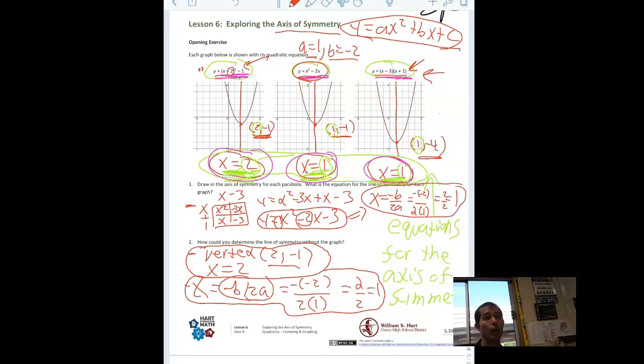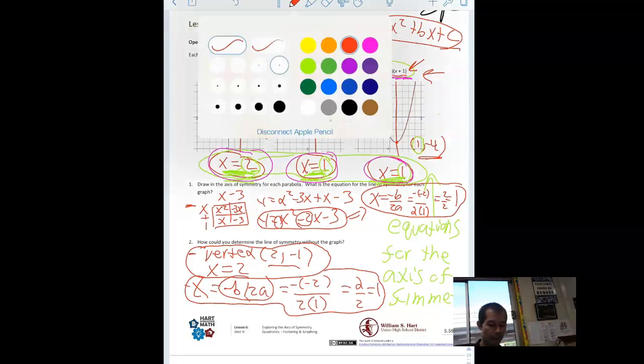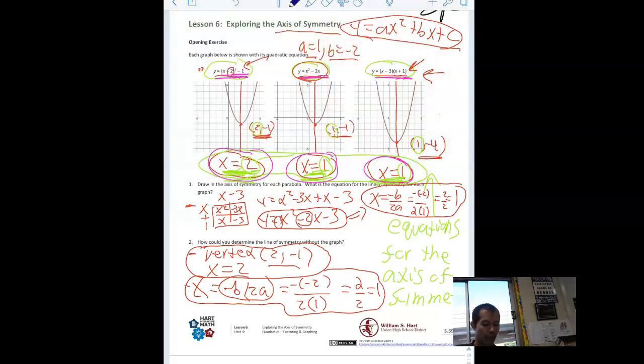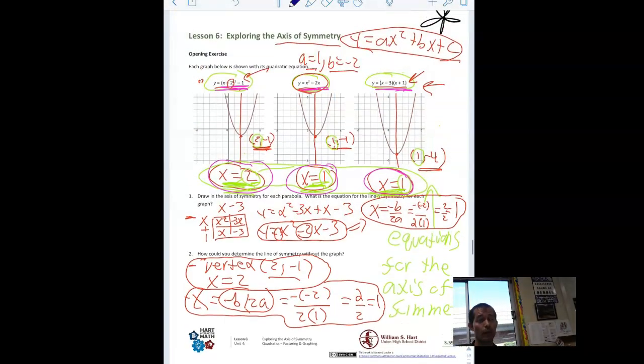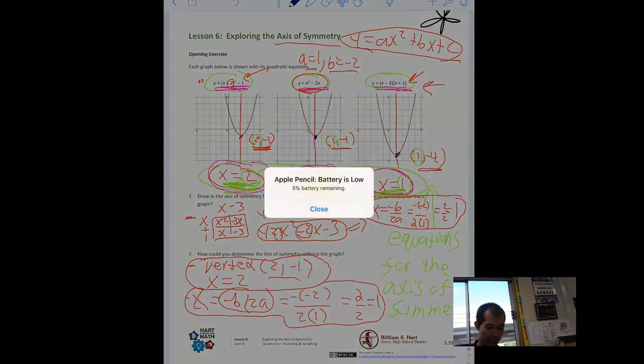Okay, so I did all the work. I'm just going to do one quick summary and then we'll be done with this video. So how do I summarize what I just did? Remember, the whole goal of this video is to understand how to get the equations for the axis of symmetry. The first option is to identify the vertices here, here, and here.